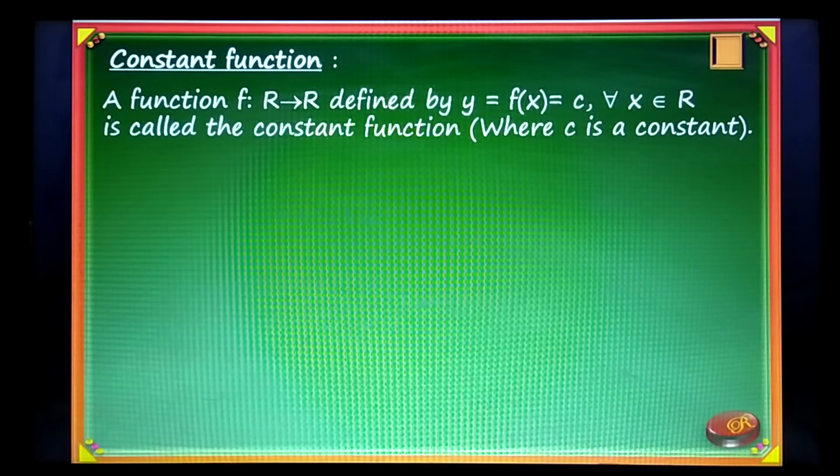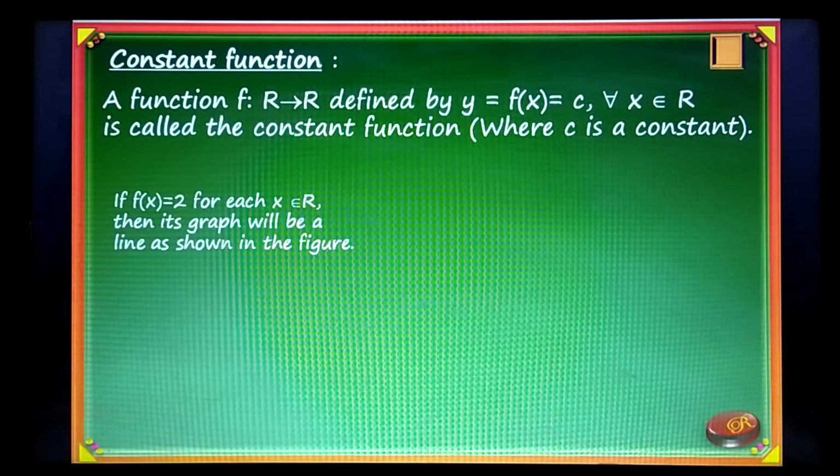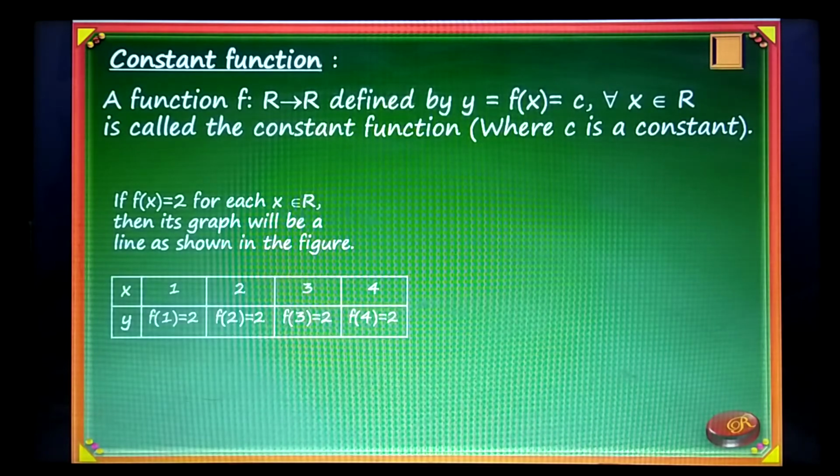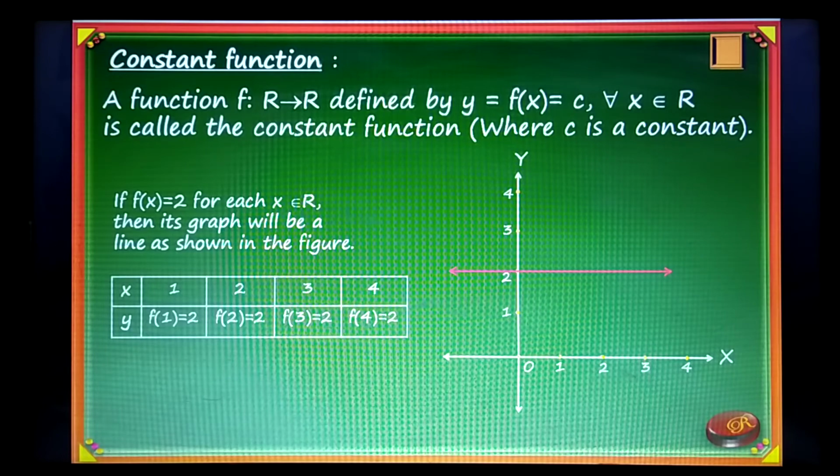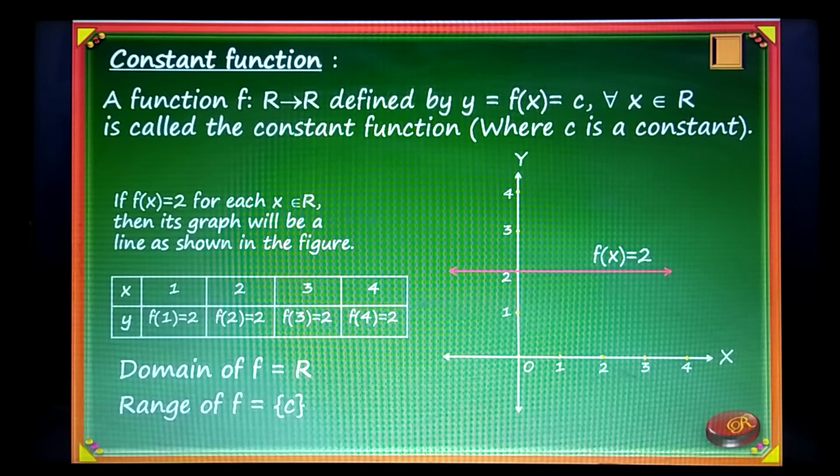If f(x) = 2 for each x belongs to R, then its graph will be a line as shown in the figure, that is a line parallel to the x-axis. Therefore, domain of f is R and range of f is the set {c}, where c is a constant.